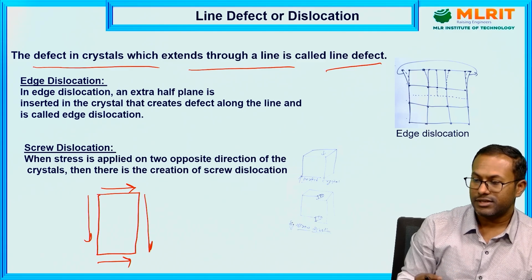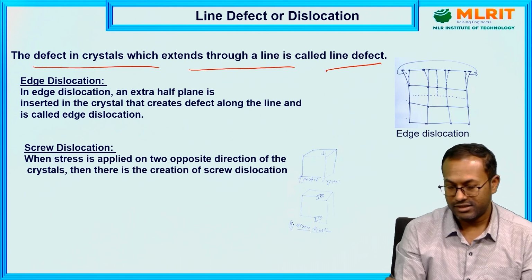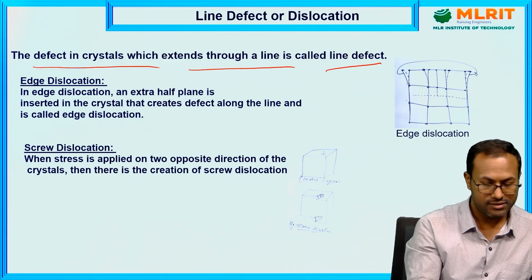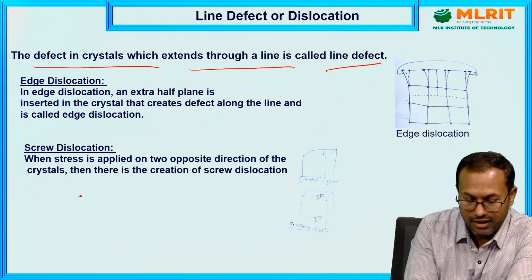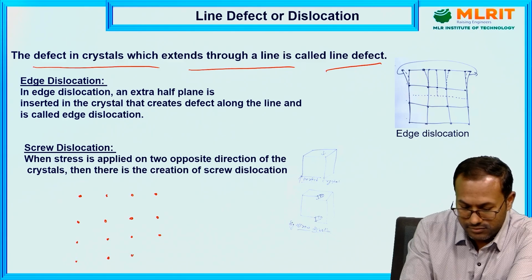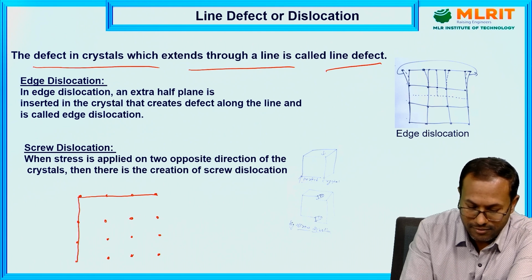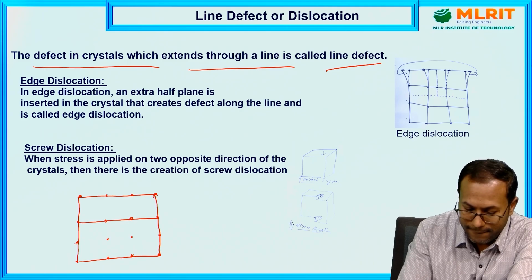Before going to that, I will draw a diagram. Suppose this is a crystal structure. These are the lattice points which are occupied by the atoms in the crystal structure.